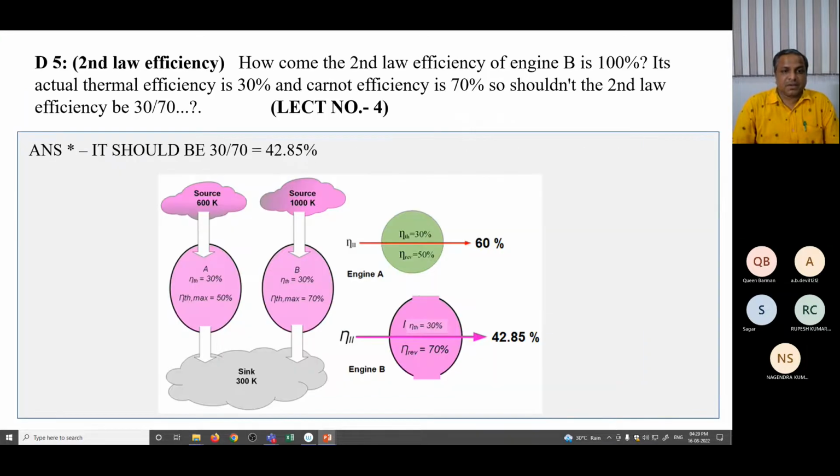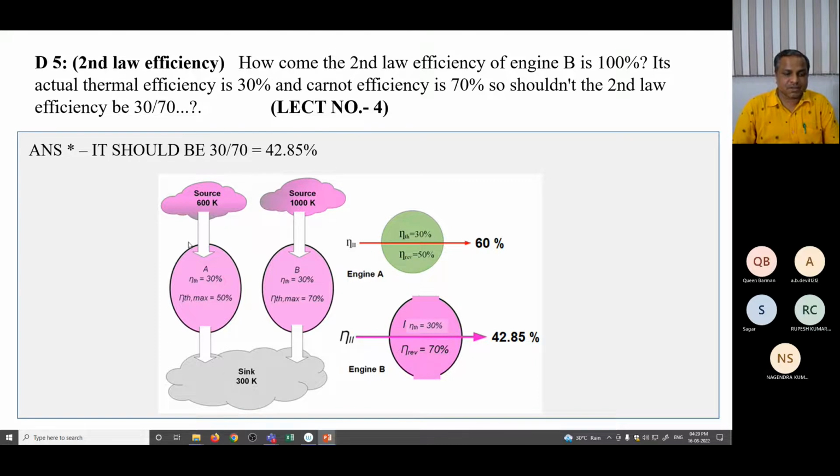Thank you. The next question was in lecture number 4, where I tried to emphasize the importance of second law efficiency. The statement was like this: we have a source, and an engine A which runs between a source temperature of 600 Kelvin and a sink temperature of 300 Kelvin.